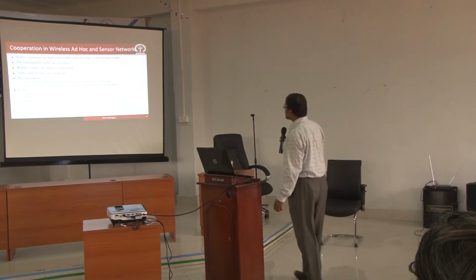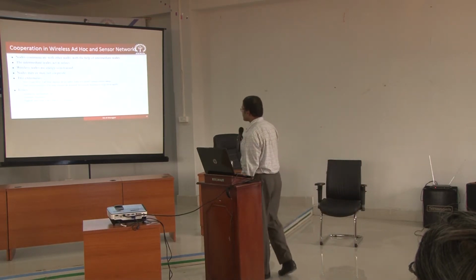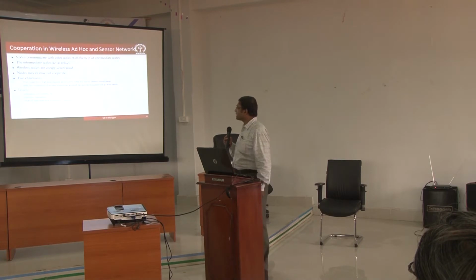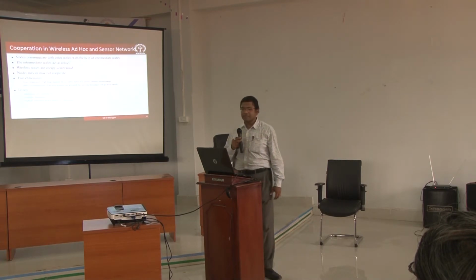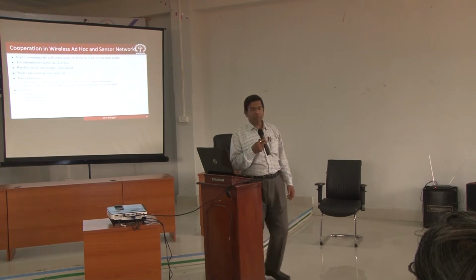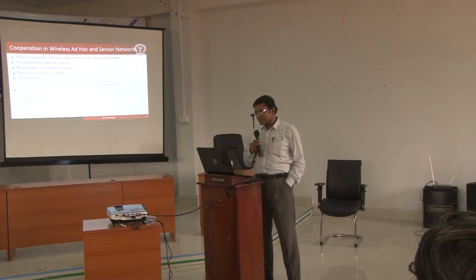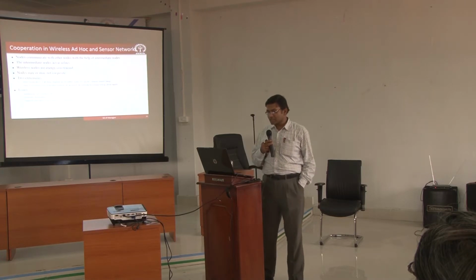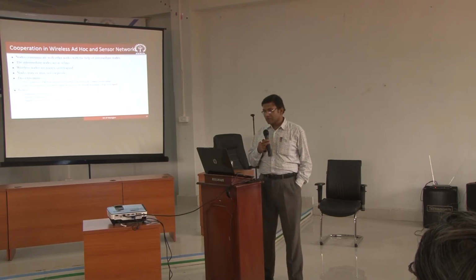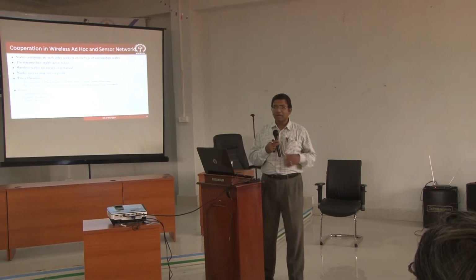So total cooperation is not good. Total non-cooperation is also not good, because if no relay requests are accepted, then the network throughput will go down drastically. So there are issues of selfishness, self-interest, symbiotic dependence, and the trade-off between the lifetime and the throughput of the network.